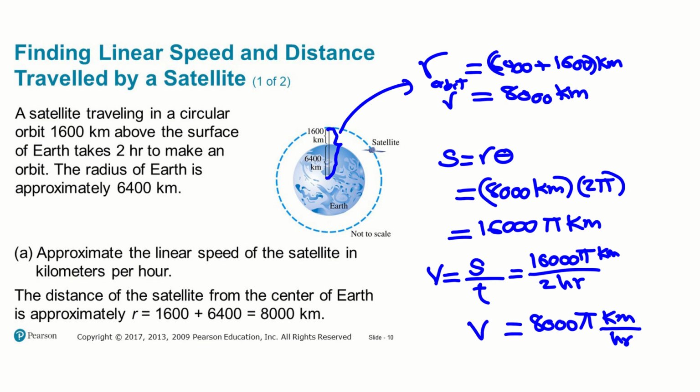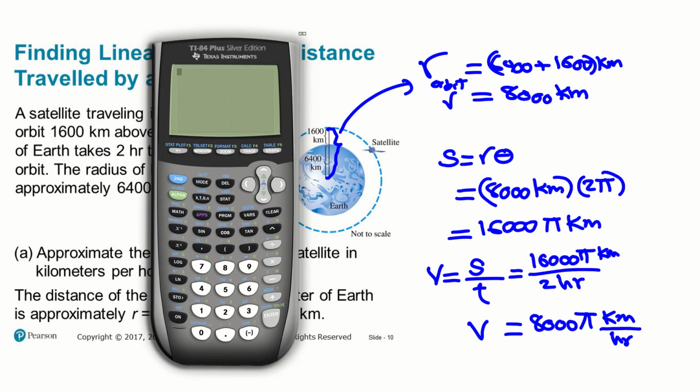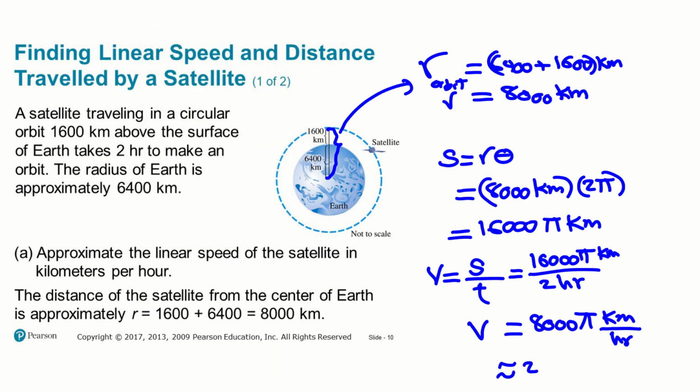So of course, if you plug 8,000 pi into a calculator, and depending on the level of accuracy that they need, I believe here they were looking for the nearest 1,000, so that'll be approximately 25,000 kilometers per hour.